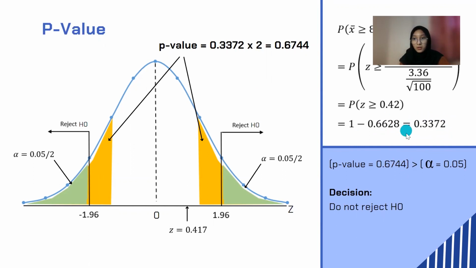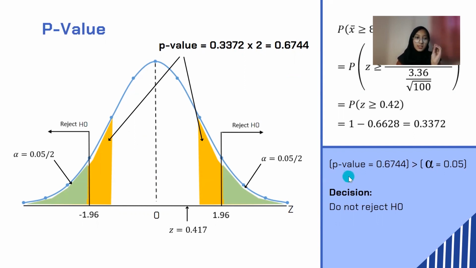This probability is only for one side. And we tested this hypothesis using a two-tailed test, so we need to multiply the probability by 2. So the result of the p-value is 0.6744 for both sides.